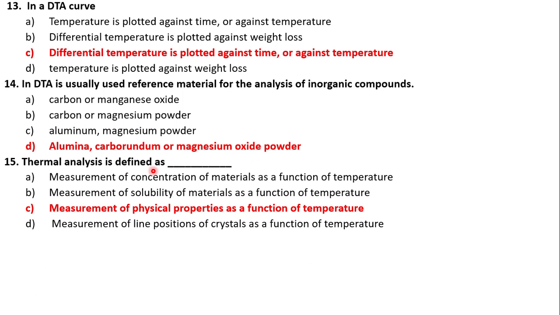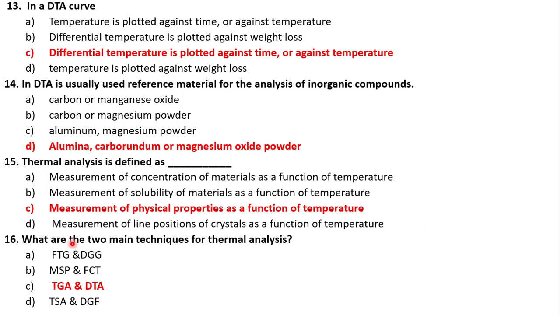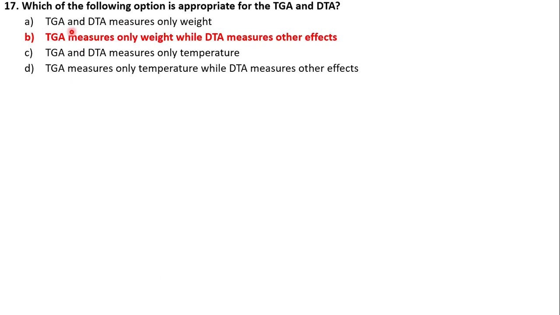Thermal analysis is defined as measurement of physical properties as a function of temperature. What are the two main techniques for thermal analysis? That is TGA and DTA. Which of the following options is appropriate for the TGA and DTA techniques?